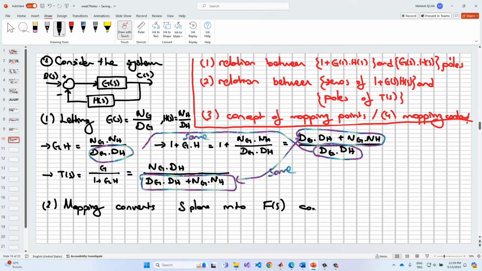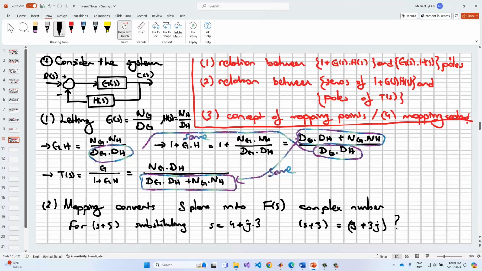And so this is always given as a complex number. For example, for s plus 5, substituting s as 4 plus j3, these are the new locations on this map, and so s plus 5 is equal to 9 plus 3j.